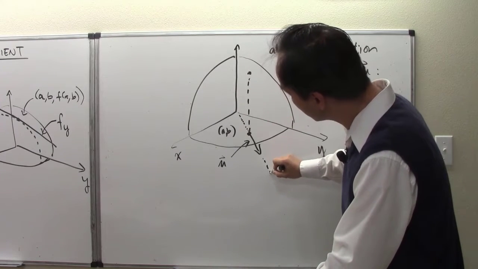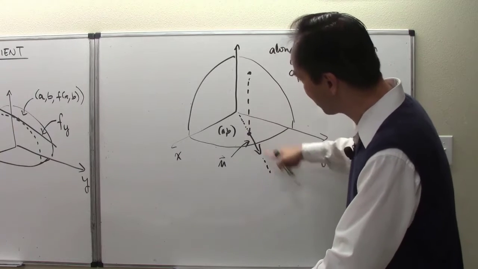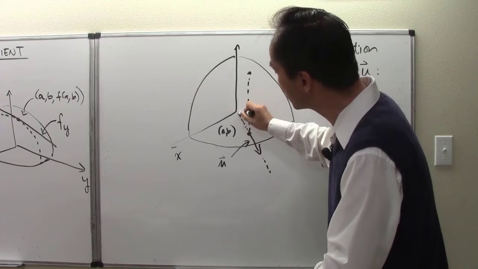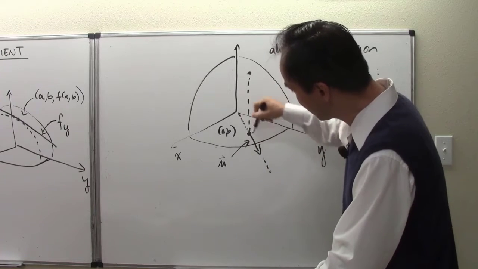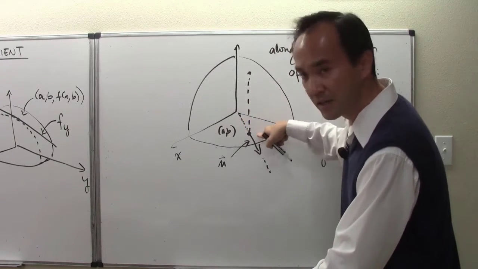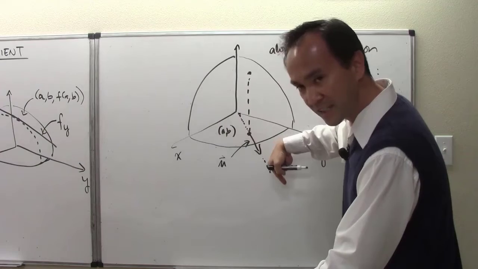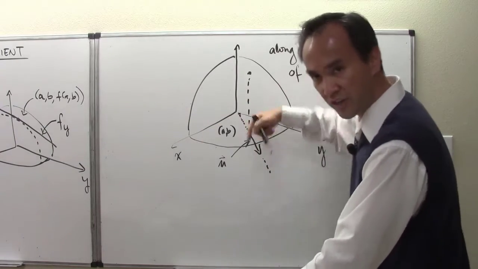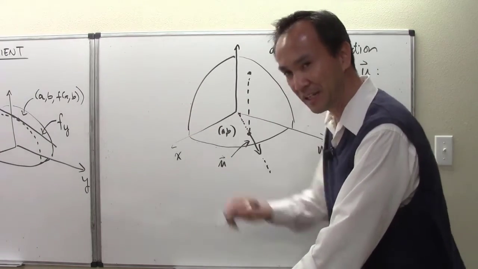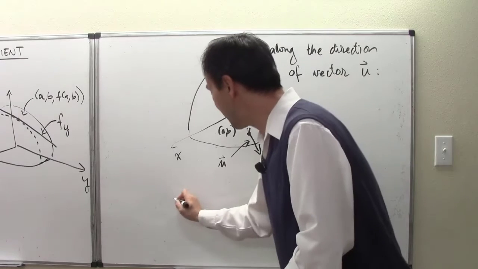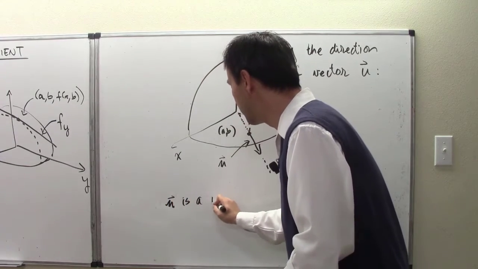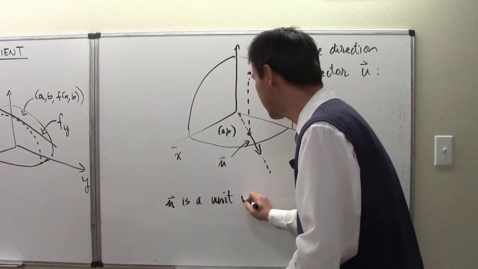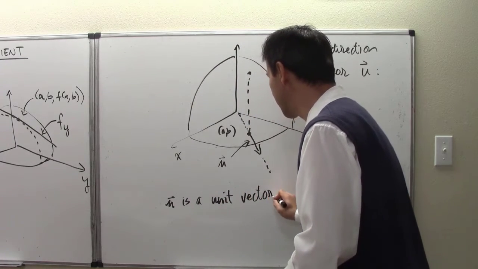Now you have to understand this line on the floor right here does not necessarily have to cross through the origin. The point is the vector u here just points out from the a comma b point on the x and y floor, pointing out in whichever direction that is. One more key thing to keep in mind, the vector u that I'm describing here is a unit vector. All right, it's a unit vector.